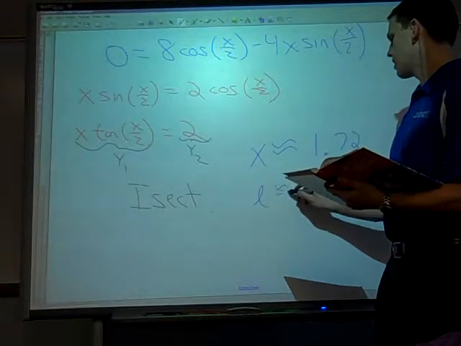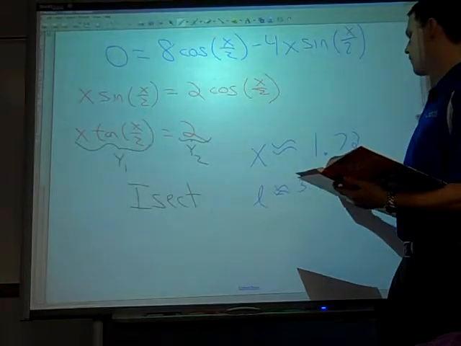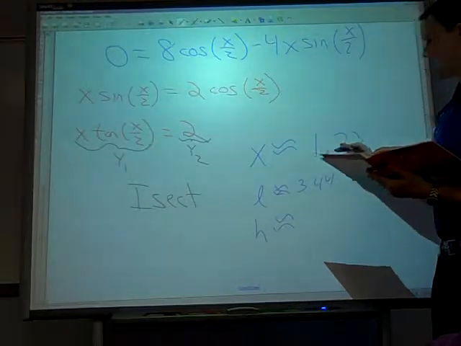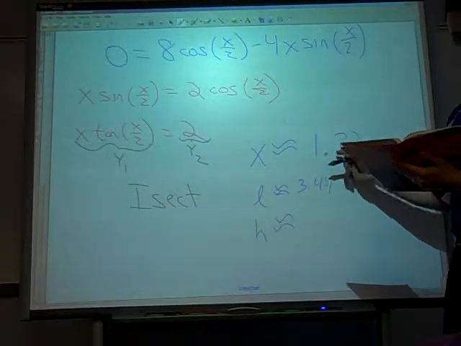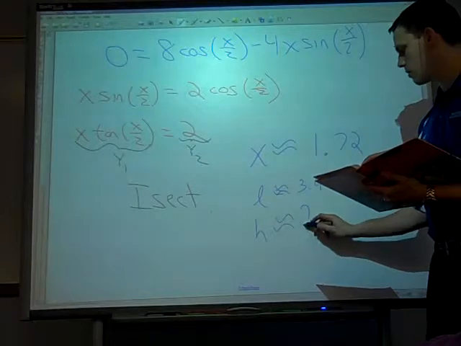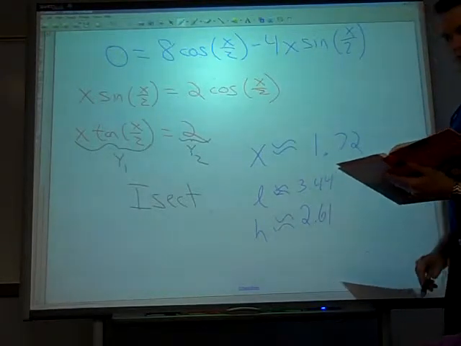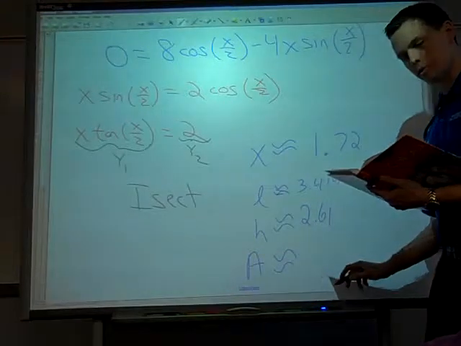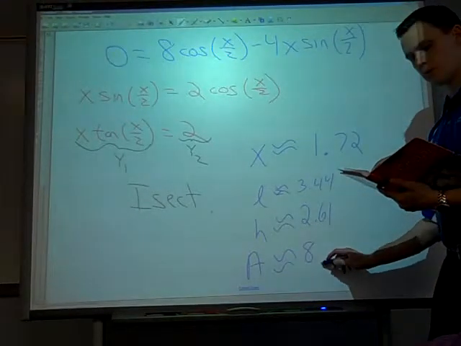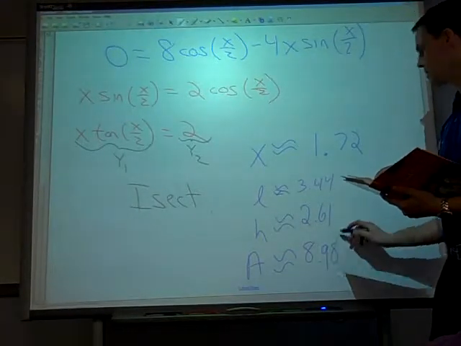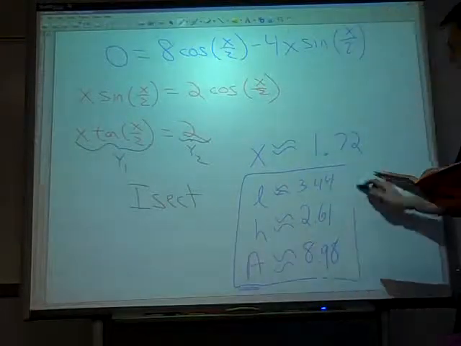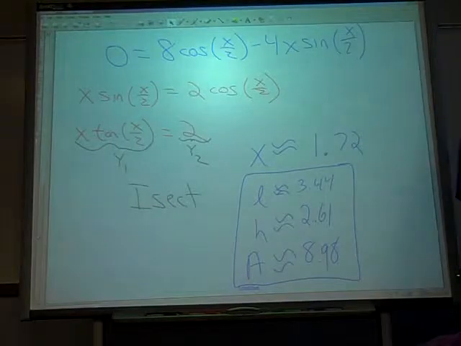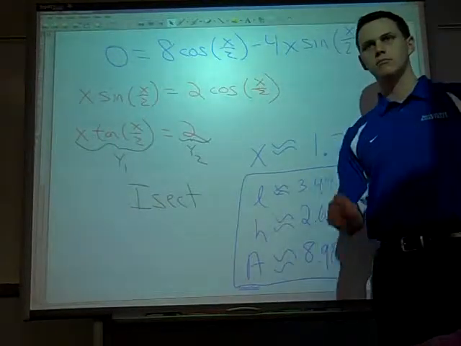Length is approximately 3.44, and our height is approximately, plugging 1.72 into your function, 2.61. Which means your area, according to the book, is about 8.98. Is anyone confirming those numbers? Is that right? Someone? Okay.